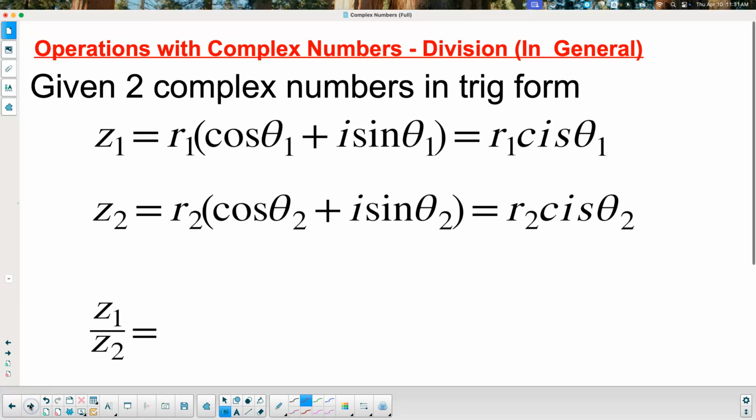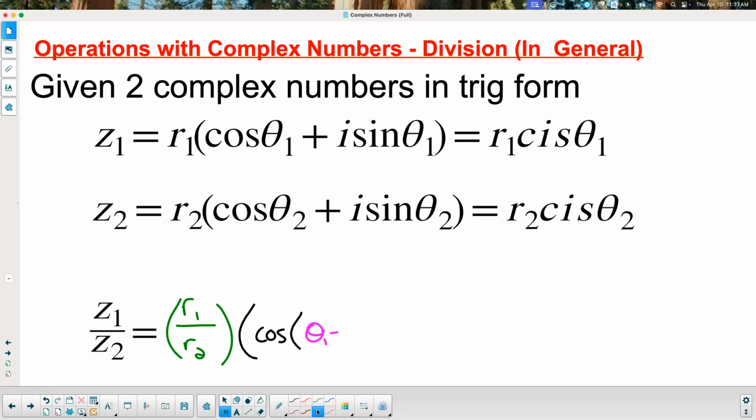Yep. Okay? So here in this one now, it would be R sub 1 divided by R sub 2. And then we would have theta sub 1 minus theta sub 2.